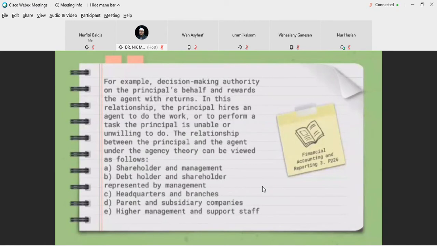In this relationship, the principal hires an agent to do the work or to perform a task the principal is unable or unwilling to do.